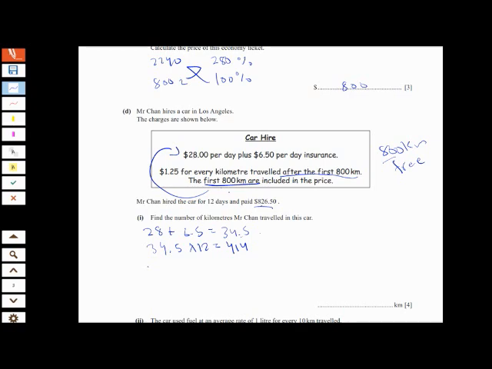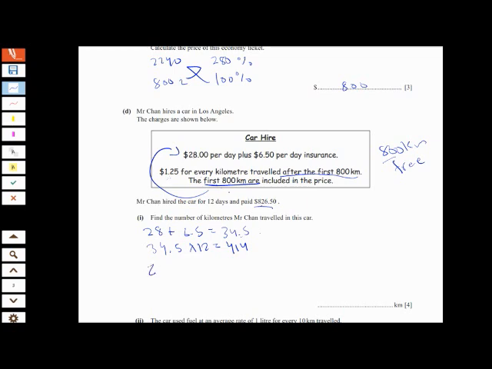So you subtract, because you want to find out after the first 800 kilometers, because he starts paying $1.25 after the first 800 kilometers. So in order to calculate how much he traveled, you have to find that, because that's the unit. $1.25 equals 1 kilometer after the 800 kilometers.